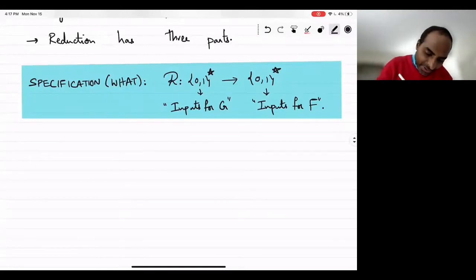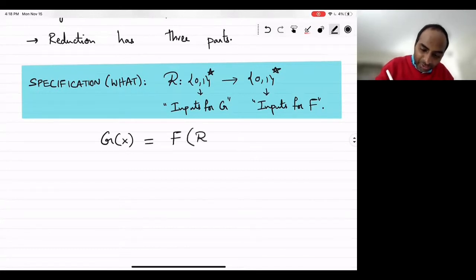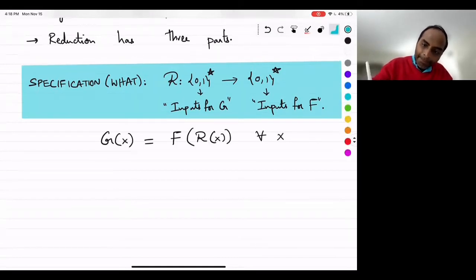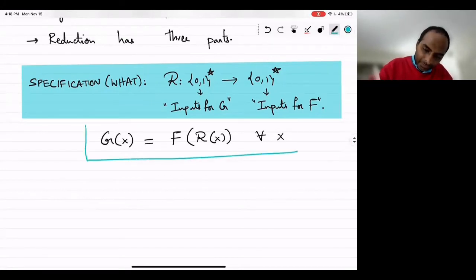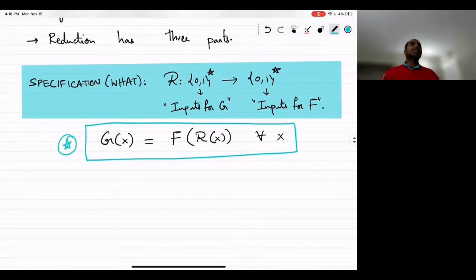And the main identity we want here is that on any input X, the output of the function G is the same as the output of the function F on R of X. Okay, so this is the most important property that the reduction must satisfy.